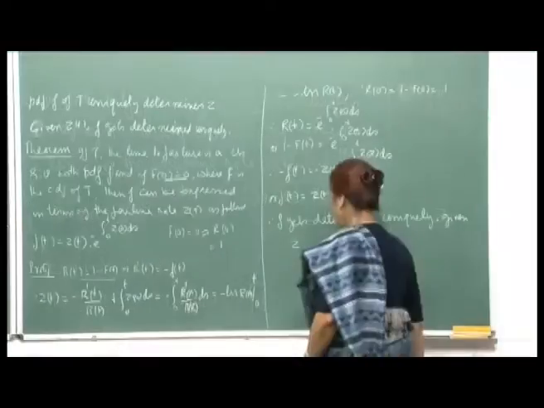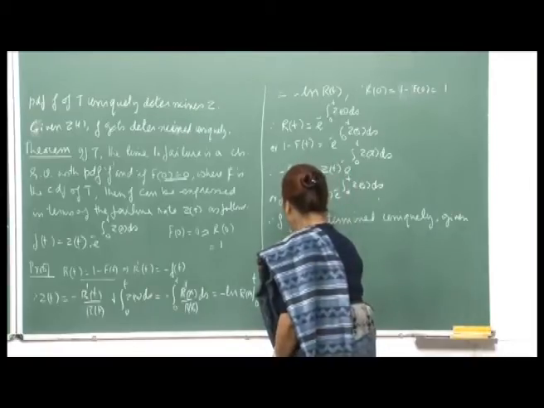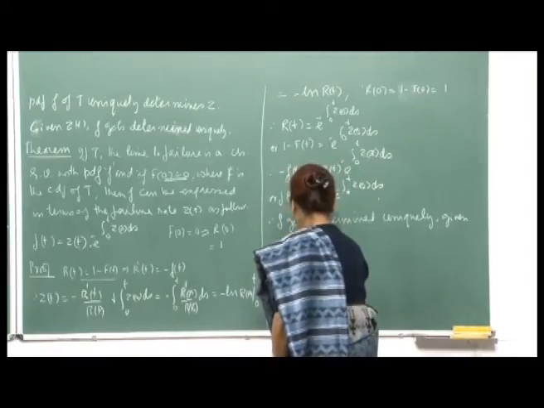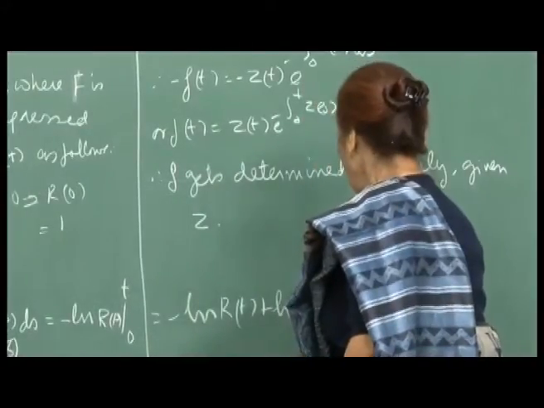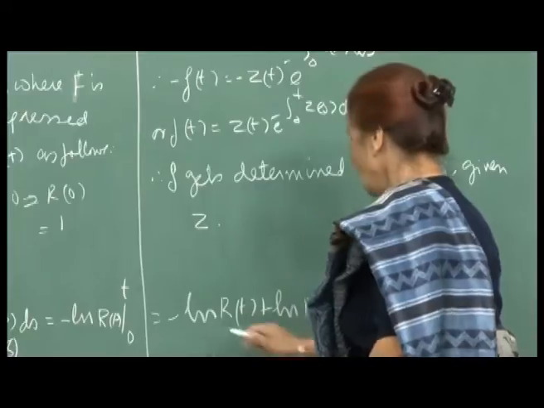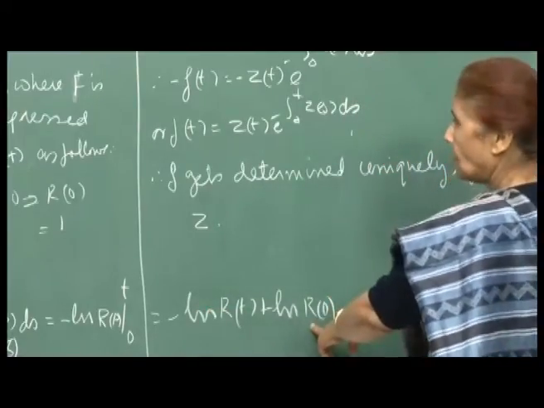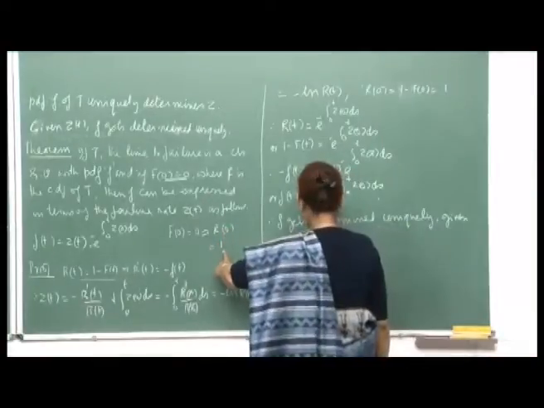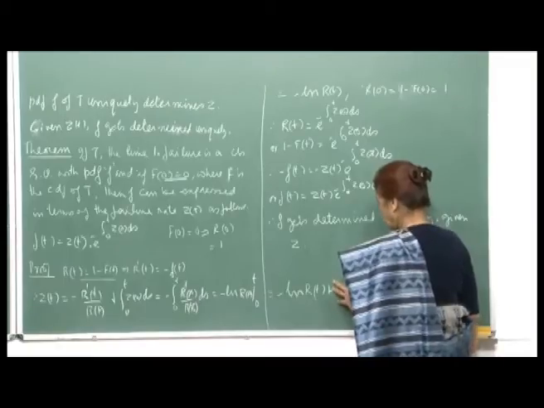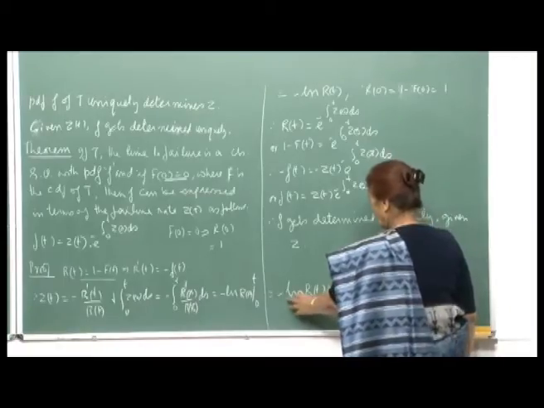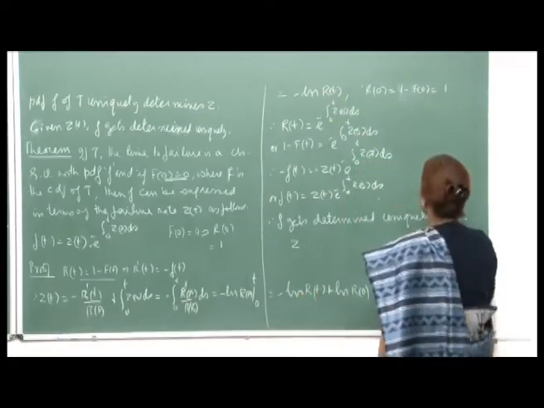If you write it out, this will be minus ln R(t) plus ln R(0), right. But since F(0) is 0, R(0) is 1, and ln of 1 is 0. So, there is no contribution from here, and you have minus ln R(t). Okay, so this follows.